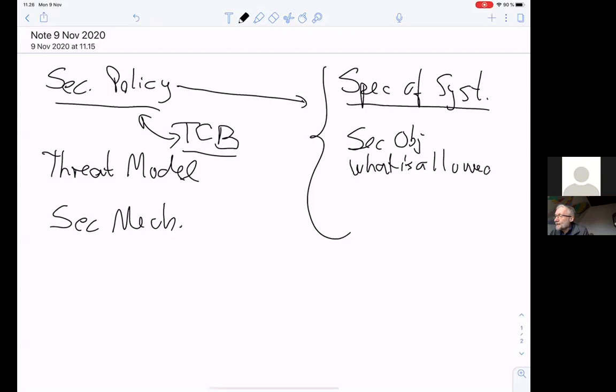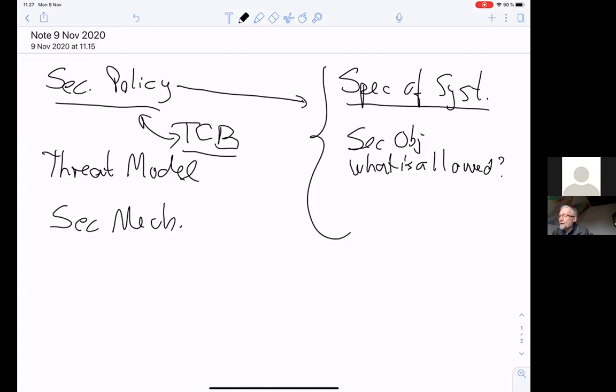So this is not a very precise definition, of course, but the point here is that in some cases, even in computer readable formal language, we can specify what is allowed, but most often it's actually just in human readable language that we say what it is overall that we want to allow. How is information supposed to flow in the system, for instance?